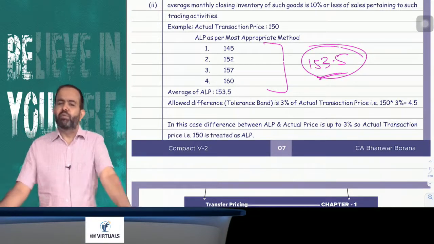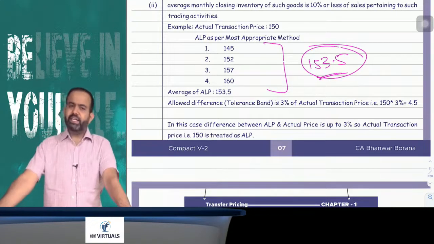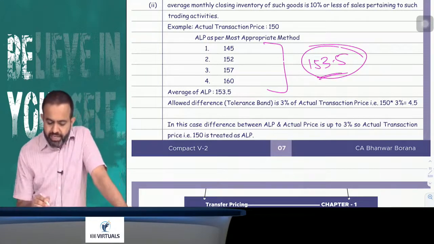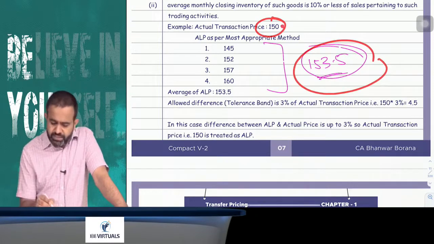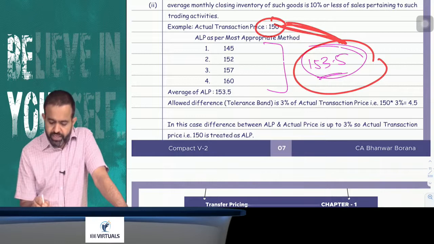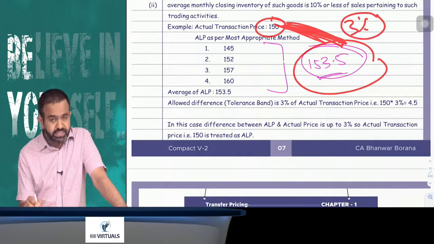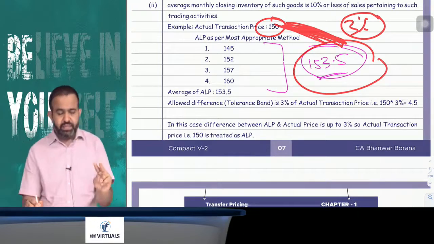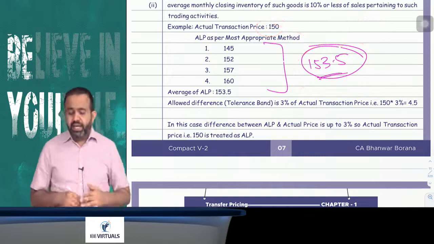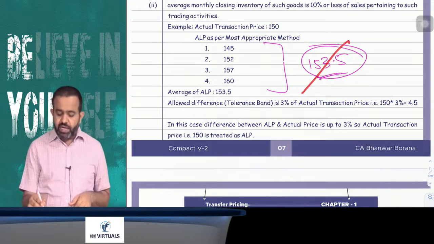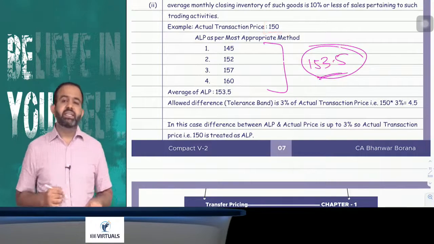Now guys, remember one very interesting part. This section says that if the difference between your actual transaction price and the average arm length price is up to 3%, in that case your average arm length price should be ignored, and your actual transaction price will be treated as the arm length price.